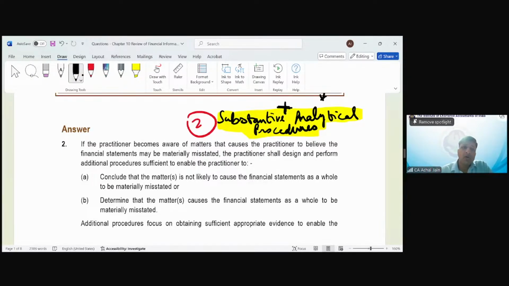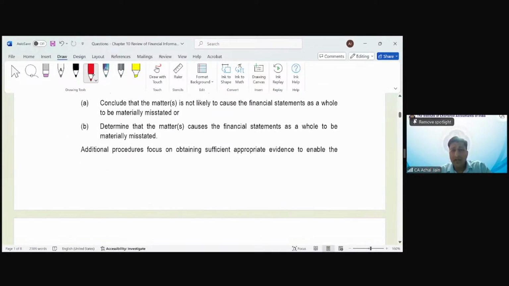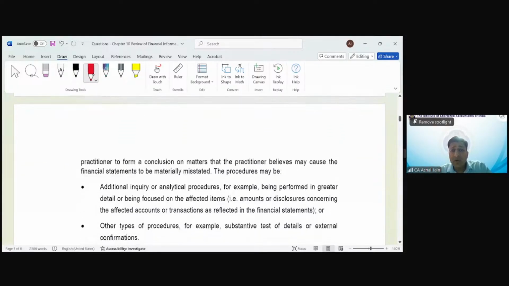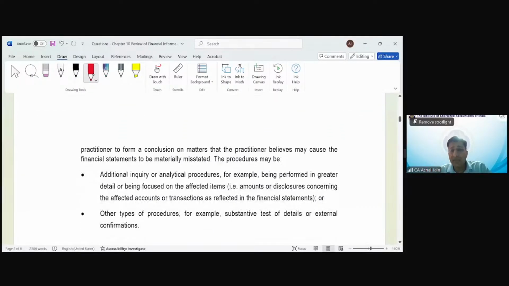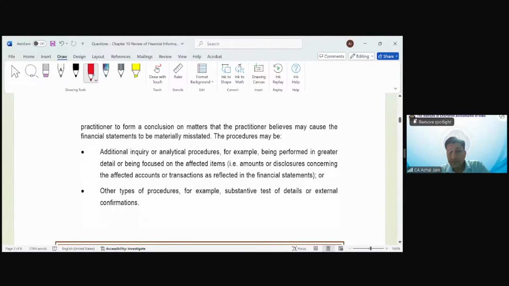So auditor needs to conclude on this, and any additional procedures which are focused on obtaining evidence on the basis of which conclusions can be drawn, auditor will have to now perform, including the substantive testing.